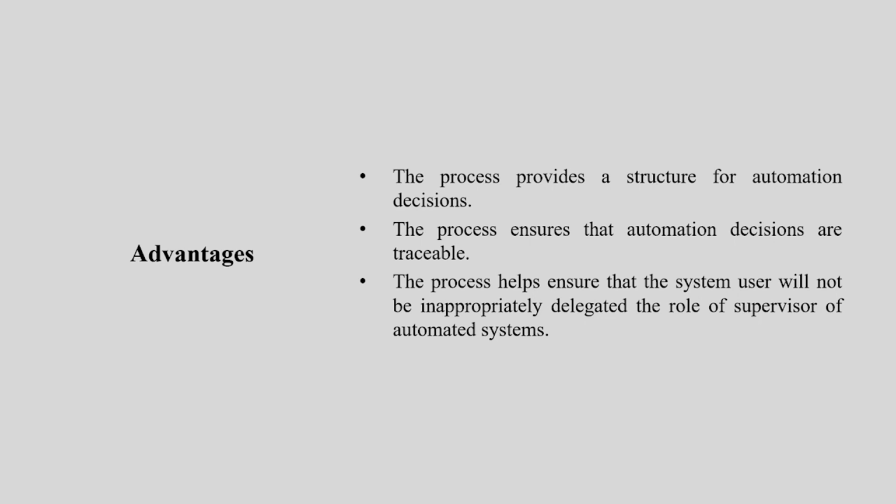That is important, and the process of course helps to ensure the system user will not be inappropriately delegated the role of supervisor of the automation system. Very clearly they will mention where the supervision is required, how it is required, and when it is required.